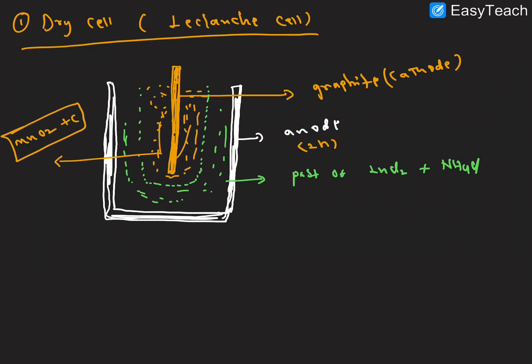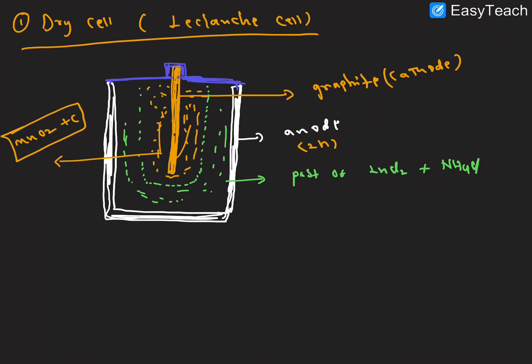I hope it is clear. We seal it like this and keep a metal cap on it. This is the exact dry cell, nothing but the Leclanche cell.